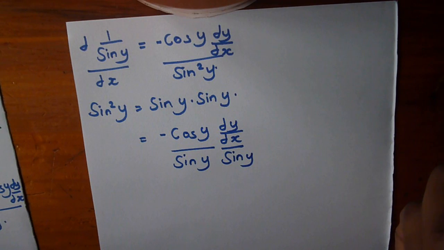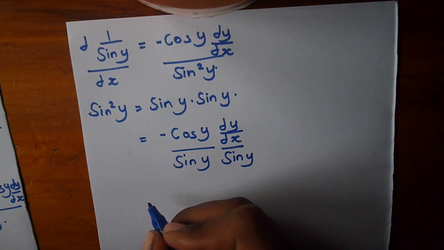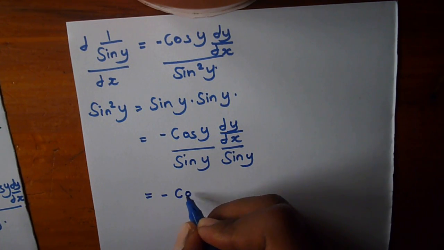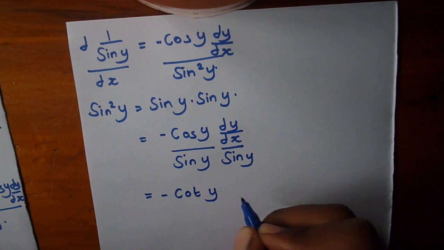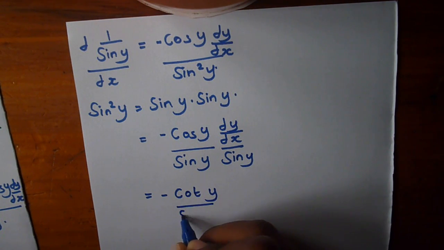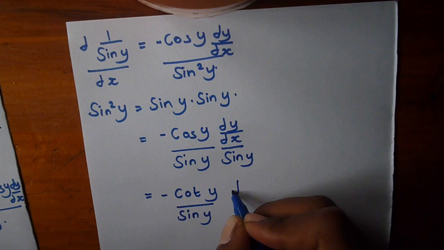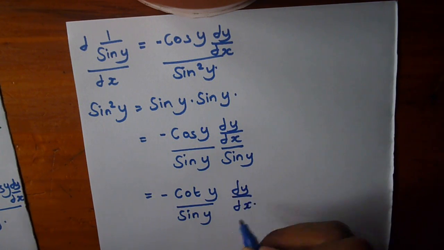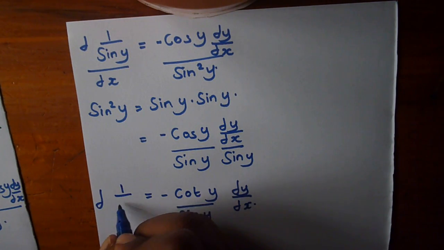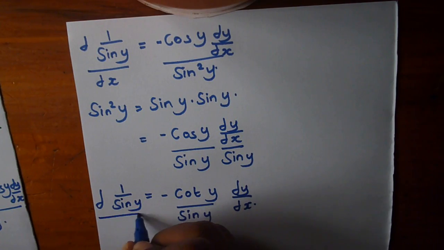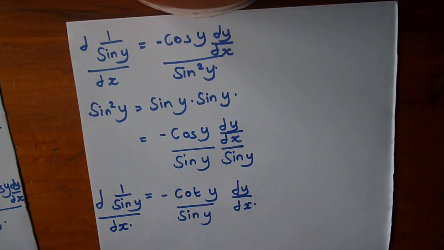Cos y all over sine y equals cot y. So negative cot y all over sine y dy over dx, and this is the derivative of 1 over sine y with respect to x.